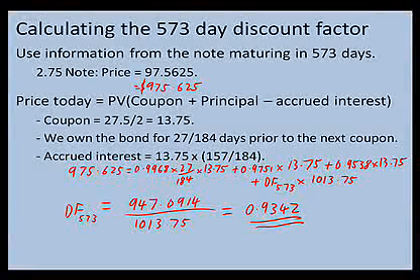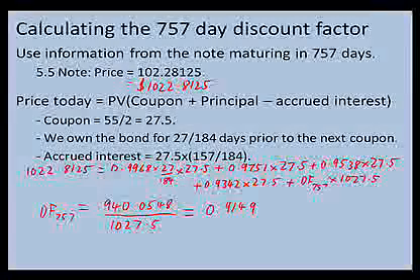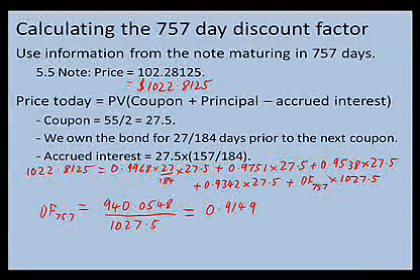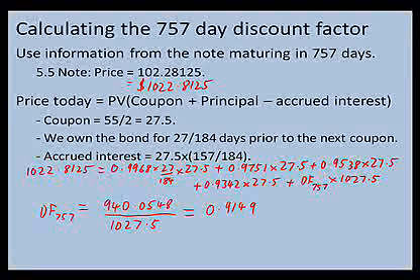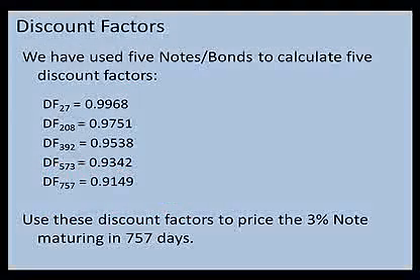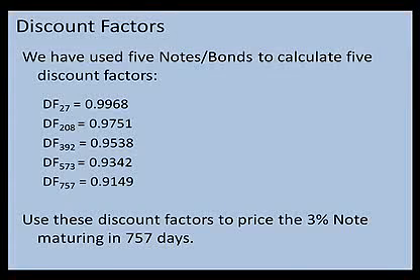And we can do the same for 757 days. The result is that we've used 5 government notes or bonds to calculate 5 discount factors. We can now use these discount factors to price the 3% note that matures in 757 days.